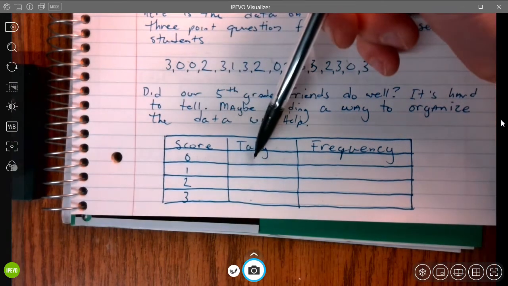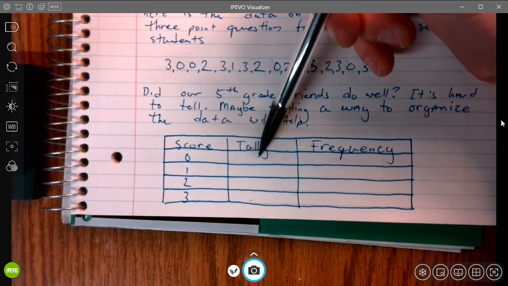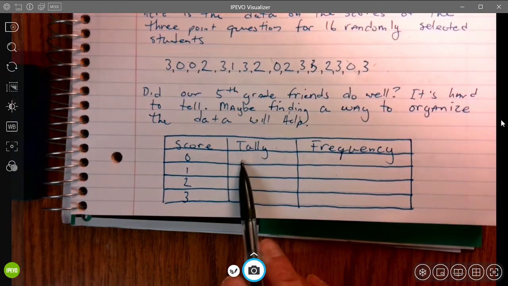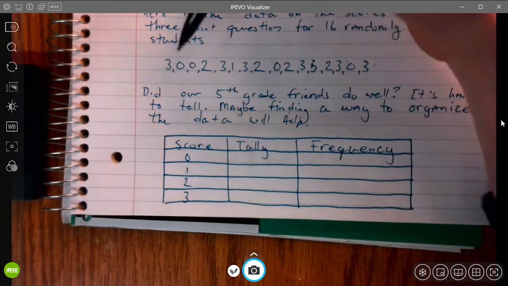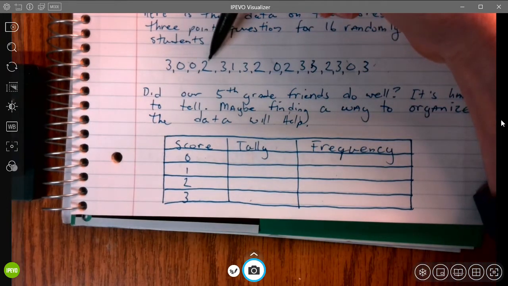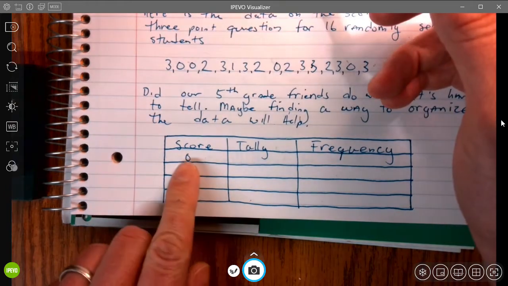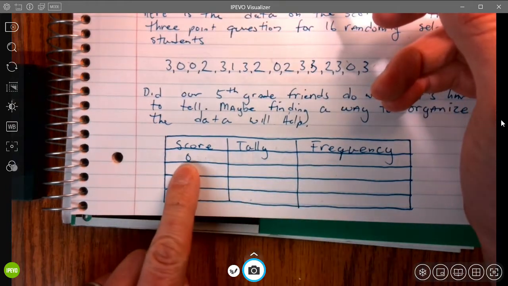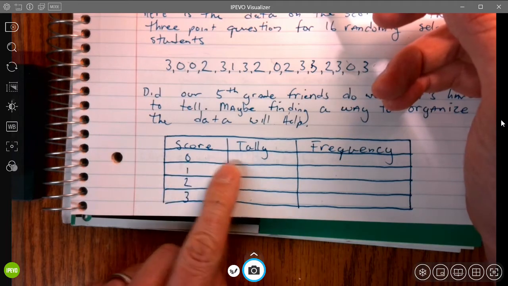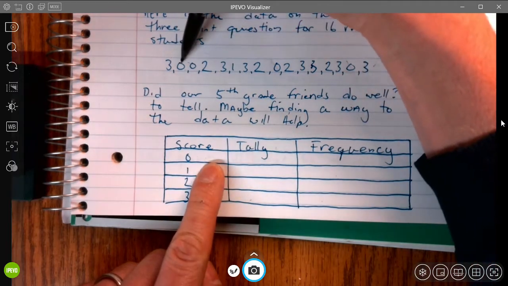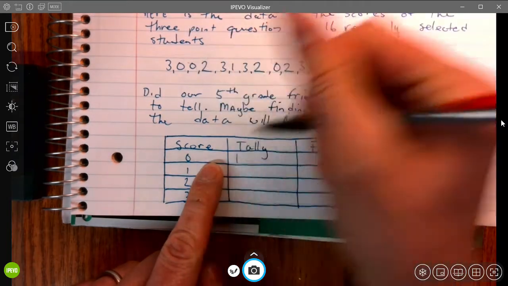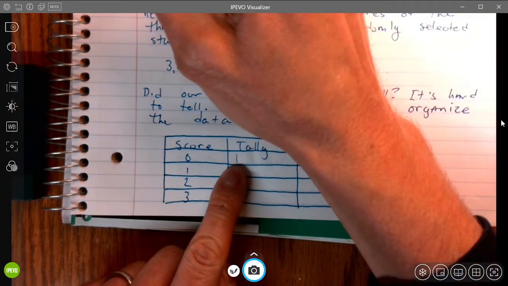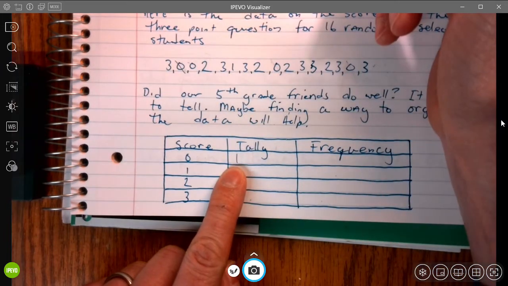If we're tallying something, I'm going to put a hash mark here every time I see a student got a 0, because now I'm in this row that's labeled 0. So let's go through our data and check. Well, there's a 0, so I'm going to put a hash mark, and I'm going to cross that out so I don't count it twice.